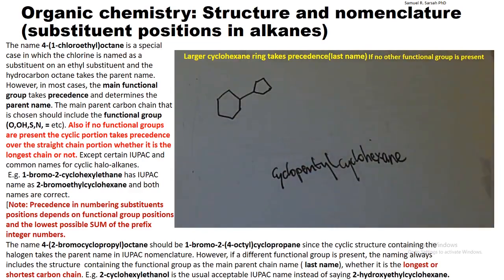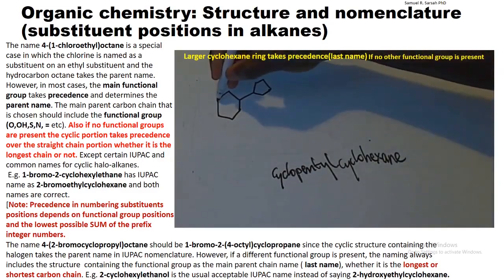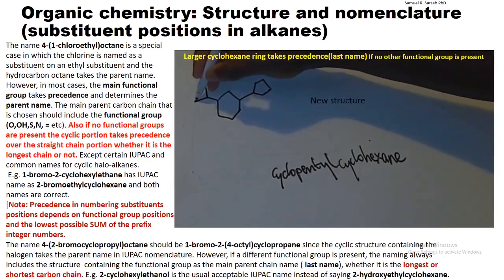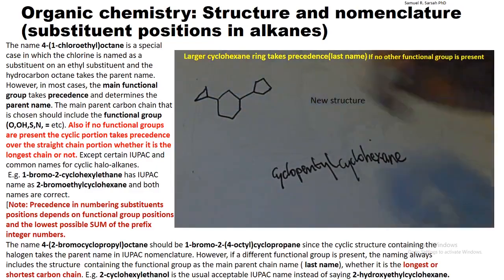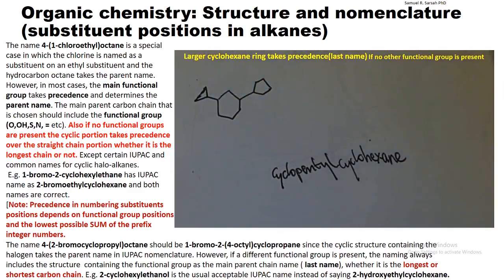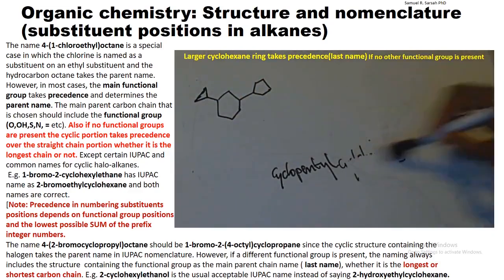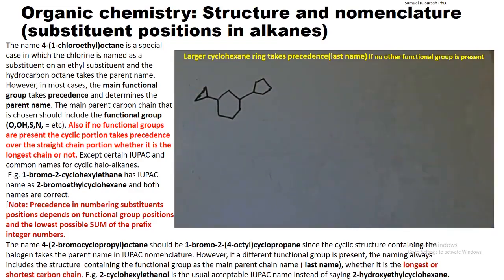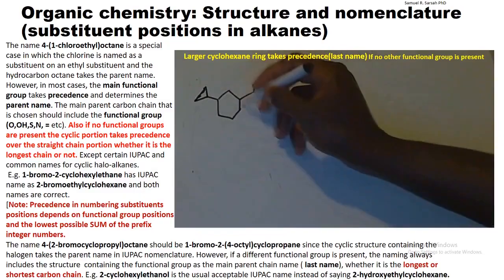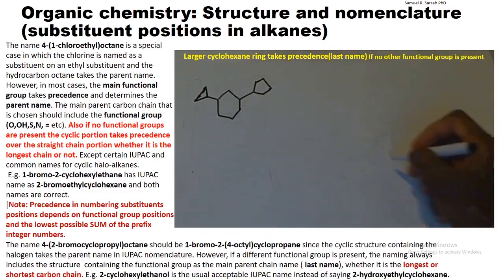Okay, how if I put another substituent here? Then the name is going to change. So that's the largest ring, so we're going to use this as a parent name, which is cyclohexane.